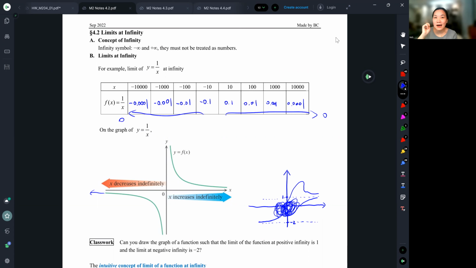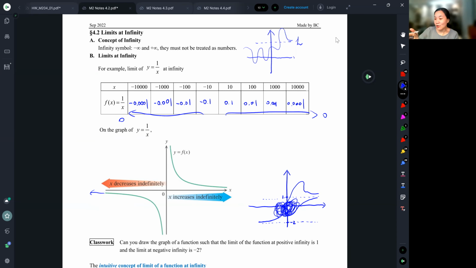And when it has a limit, it refers to a graph like this. If the limit is L, we don't know what happened here, but at infinity, this curve will get closer and closer to this horizontal line where the value is L.